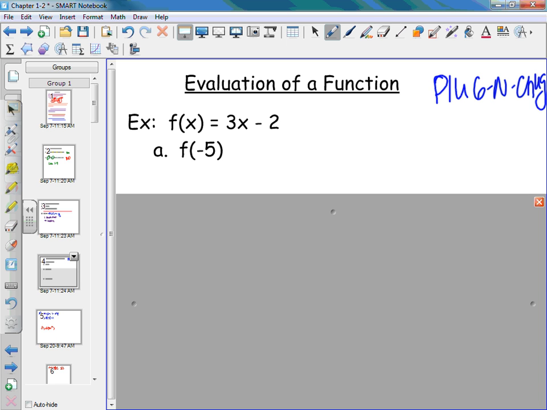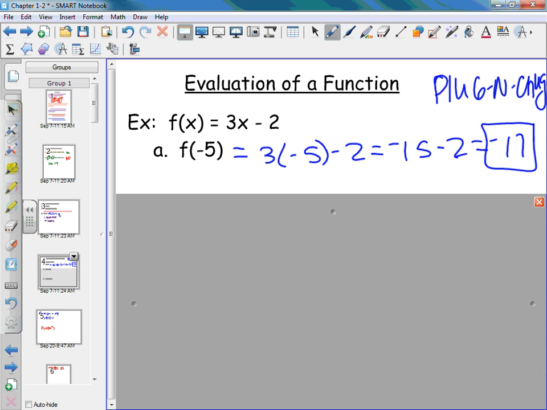Every place you see an x, what are you putting in for it? Negative 5. So I have 3 times negative 5 minus 2, which is negative 15, minus 2, which is negative 17. Yes, do we see that?